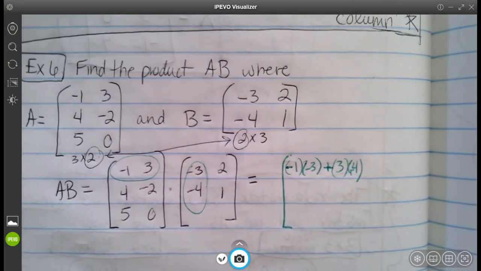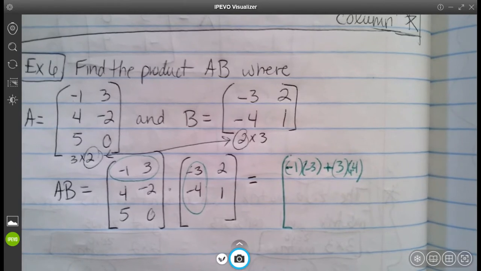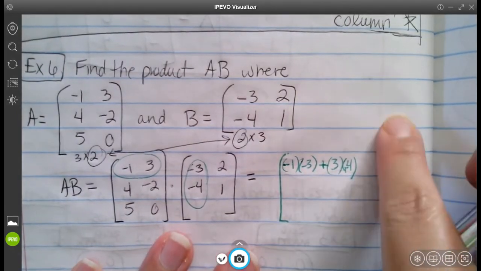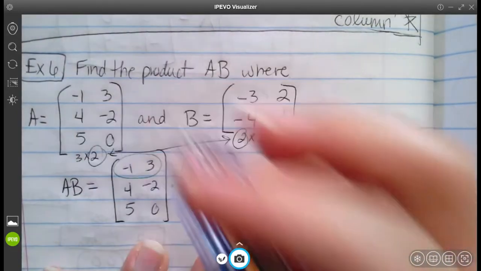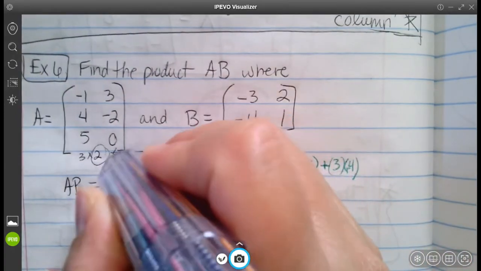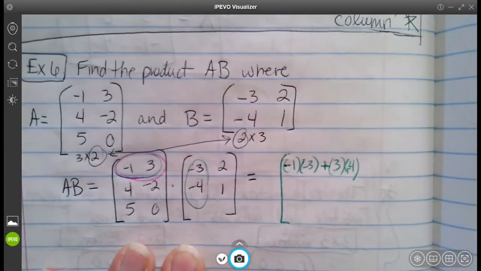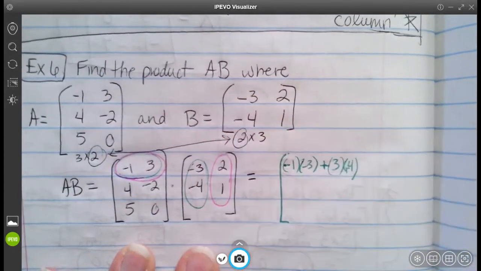The next one, again, this is my A11 entry, I guess you could think of it that way. Let's look at the second piece right here. This would be row 1, column 2. So we're still looking at row 1, but now we're looking at column 2.